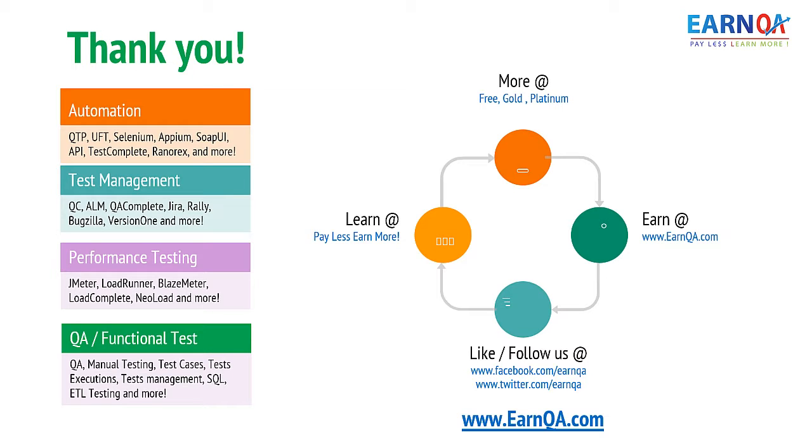So let me summarize what we have discussed in this session. In this session, we have concentrated, understood and practically implemented the JMeter first test script, from design to execution and implementation. To do that, we created a simple Google home page request and then we executed it. We got the page back.